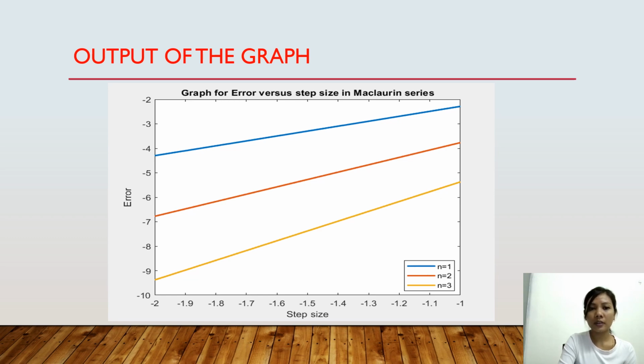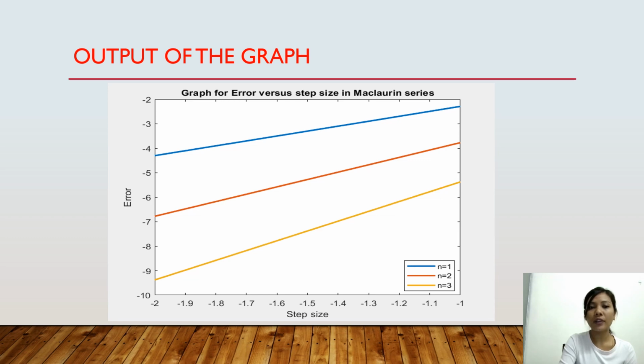As we have observed from the graph, as we increase the number of terms, that is n equal to 1, 2, and 3, the error decreases. And as we increase the step size, the error increases.